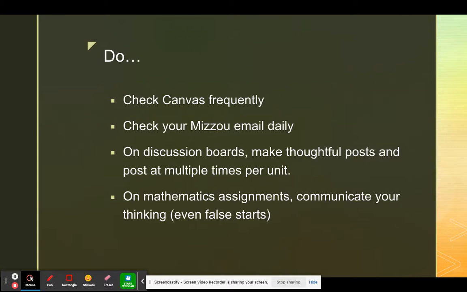So even if you're not able to solve, let's say, some of the mathematics assignments, you can still tell how you are thinking about the problems, as well as avenues that you pursued as you engaged in the solving of the problem. So those are the do's.